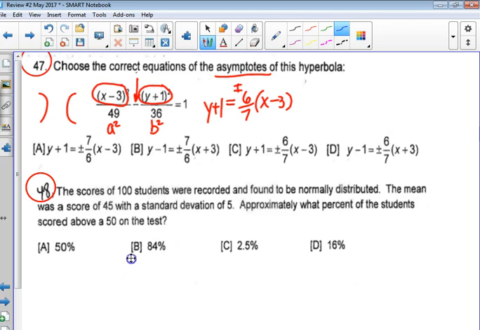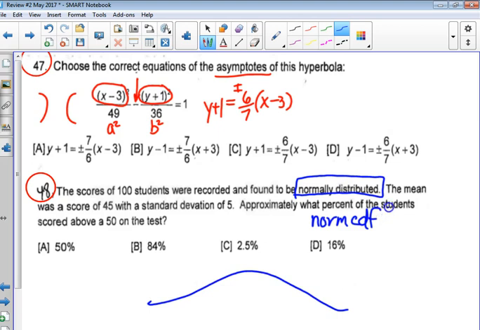All right. What's this question? Remember how to find that? Yeah. You can draw the normal curve if you want, but you can use norm CDF. It says above a 50. So 50 is our minimum score. The maximum is, we don't care, just some big number.